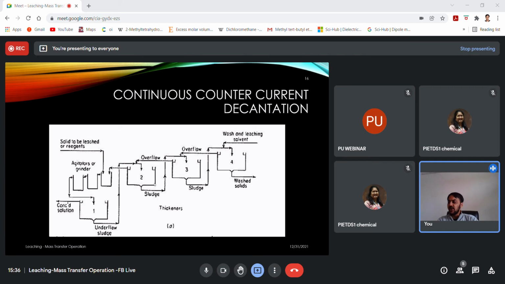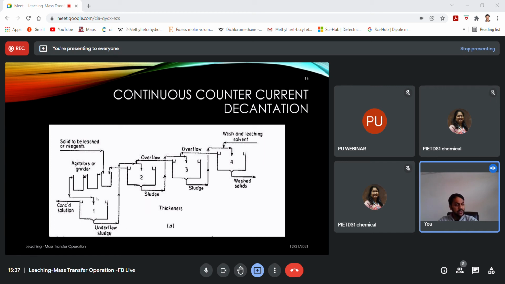The second equipment is the continuous counter current decanter, continuous counter current decantation. What happens in decantation? If you see, the leaching solvent is added from the right side, from tank number 4. The solid is added in tank number 1.